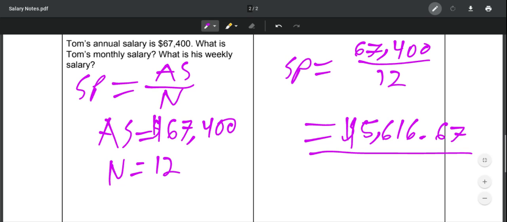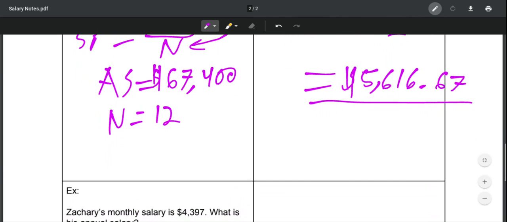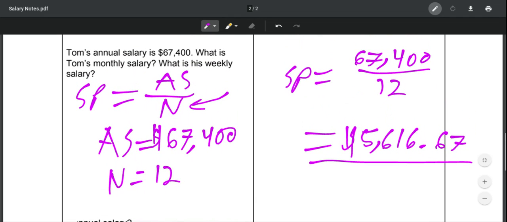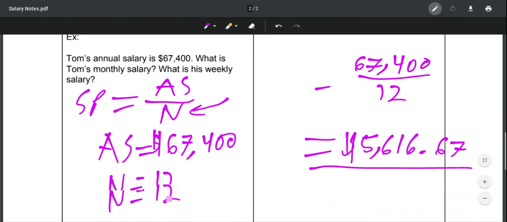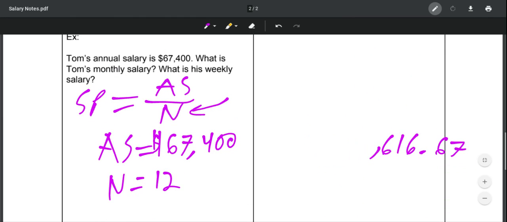Okay, so that's all you have to do for that. The only difference between monthly and weekly is that this N will change. I'd pause and write this down because I'm about to erase it. So now let's look at weekly.